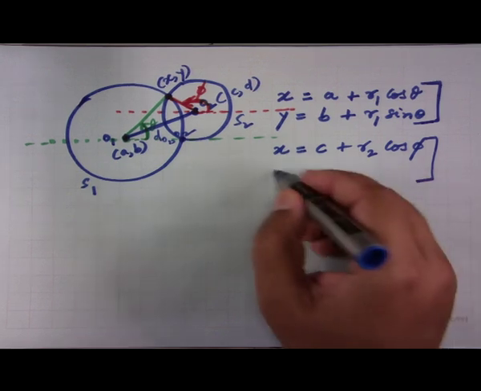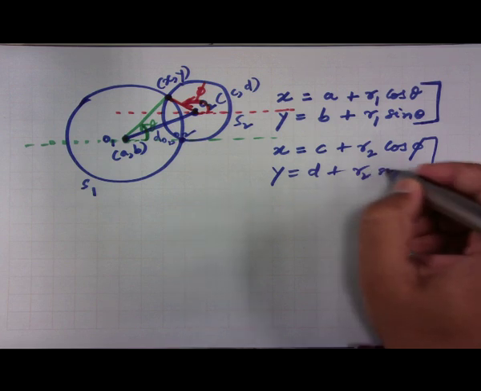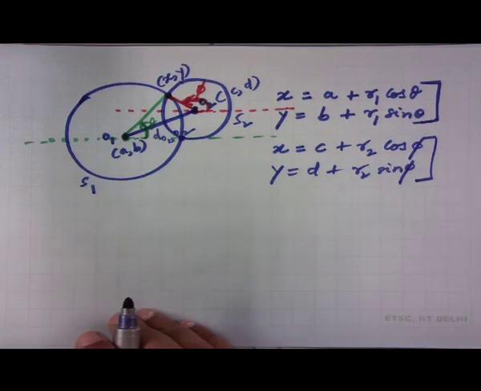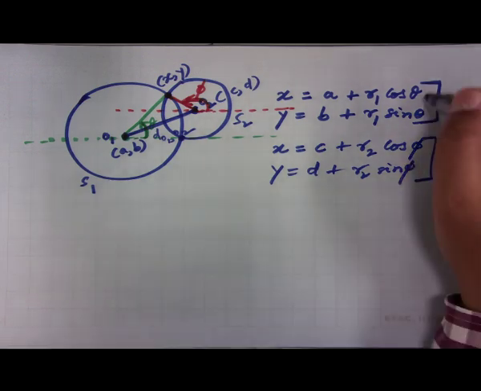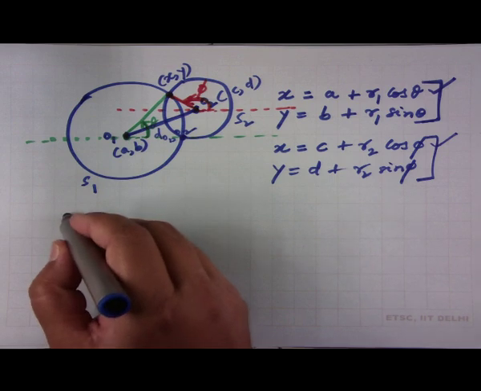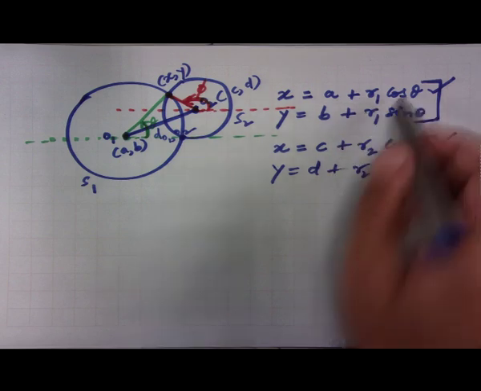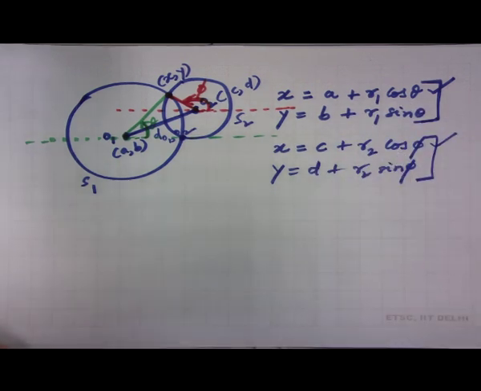So, x is this and y will be d plus r2 sin phi. Now, if I equate this and this, what I end up getting is that a plus r1 cos theta is c plus r2 cos phi.